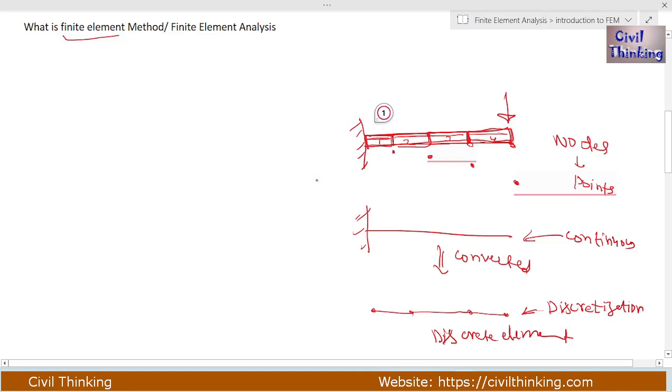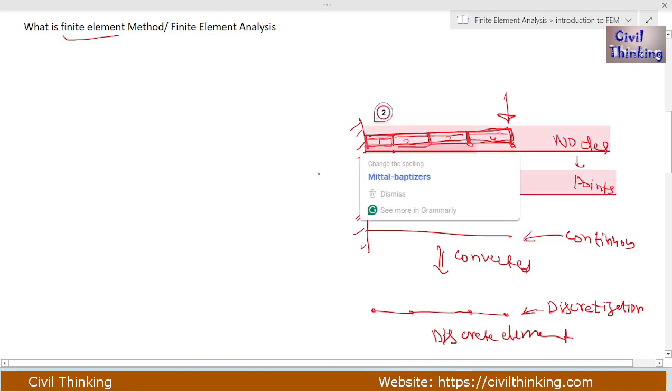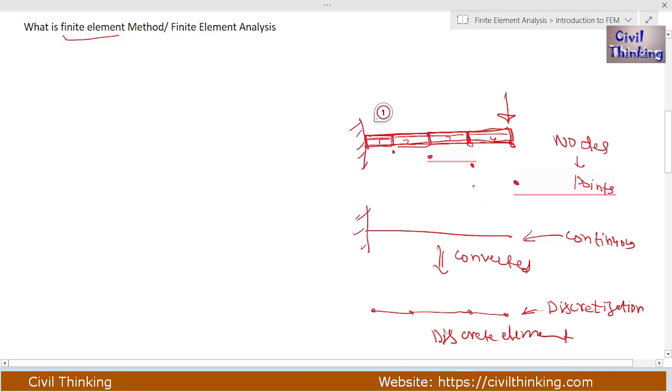Because in finite element analysis we always first find the property at nodes. Then in order to find the deformation in between, the property in between, what we do is interpolate.